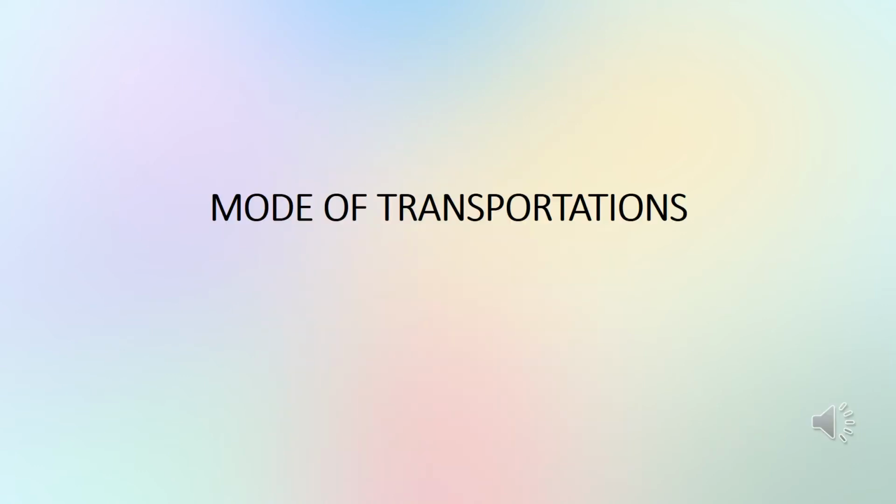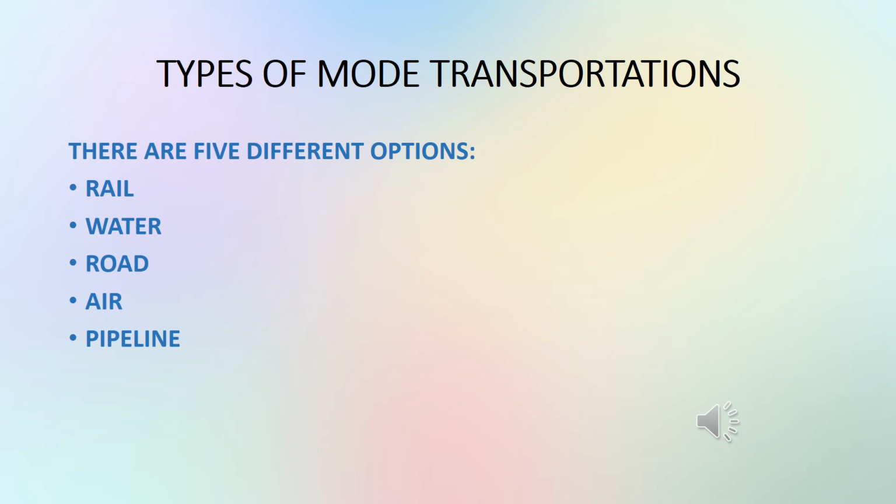We will move on to the next slide, which is mode of transportation. There are 5 types of different transportation, which are rail, water, road, air, and lastly pipeline.